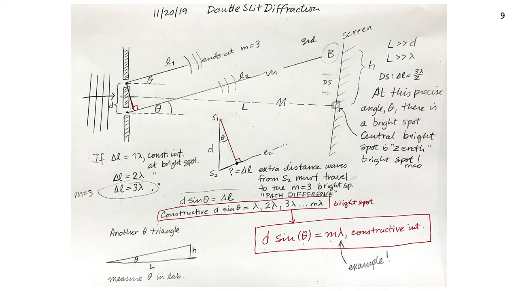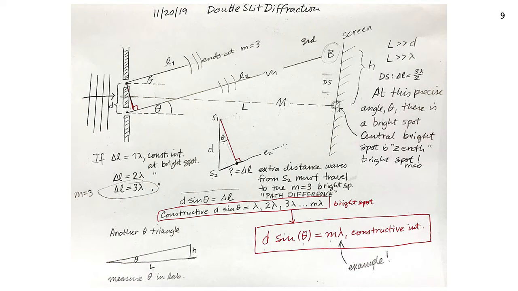So that means you have constructive interference. So if delta L is one wavelength, whatever your wavelength is, you get constructive interference at the bright spot. In fact, that defines the bright spot.